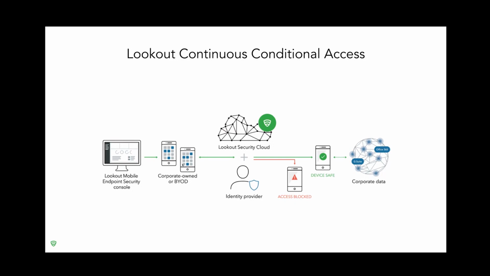Once Lookout detects something on the device, it will inform Azure Active Directory that a threat has been detected, and Azure Active Directory can then block access for this specific user or identity, and then the other way around, allow access after the threat has been remediated, as I already mentioned previously. So that's the overall workflow and architecture of how our integration works with Microsoft.